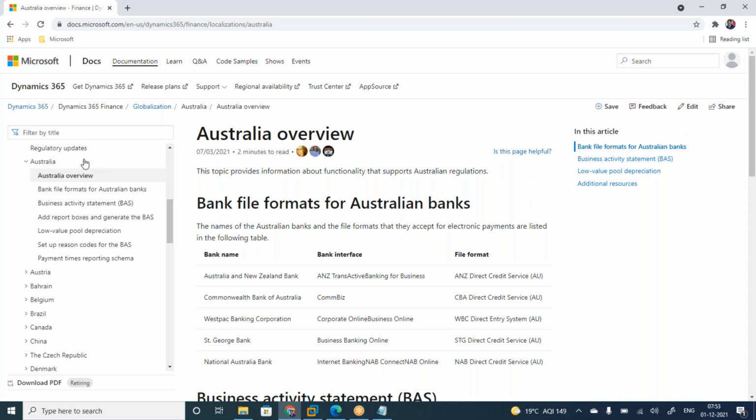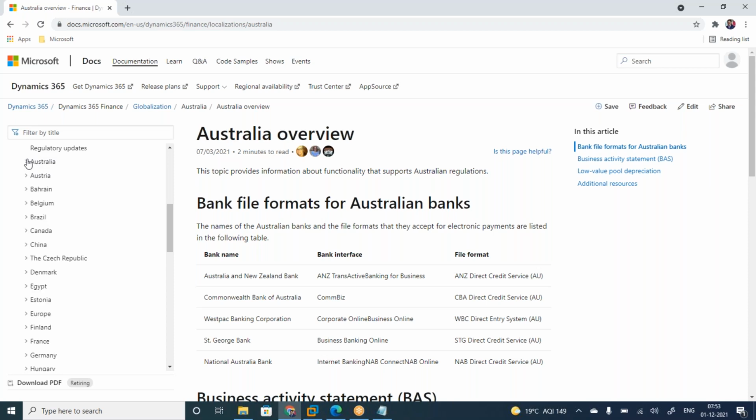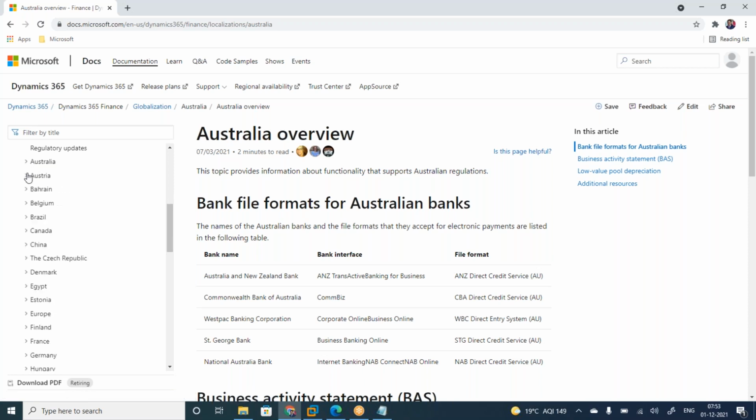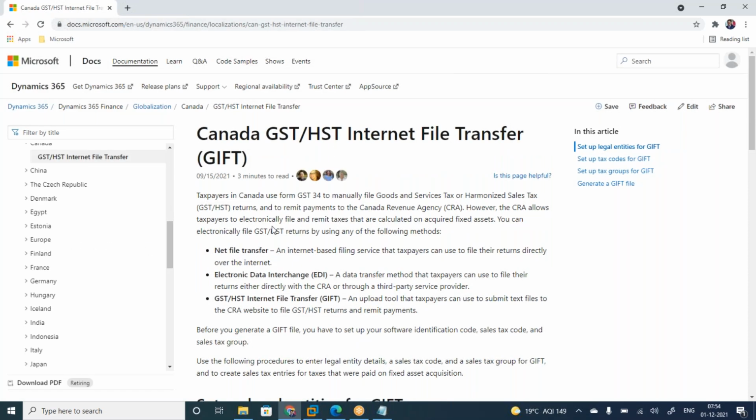So each and every country has different taxation. Those taxations you can understand from here. It will be a big exercise for you. It may take 15 days, 1 month or 2 months, wherever the country is. Suppose you are implementing for Canada, then Canada taxation is there.